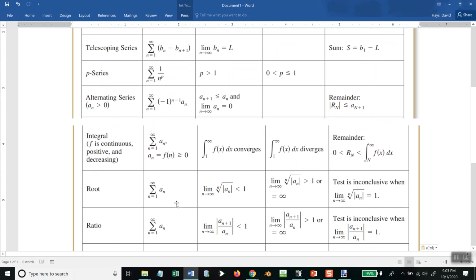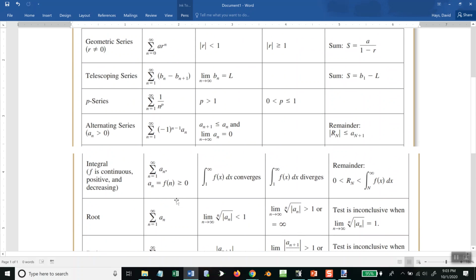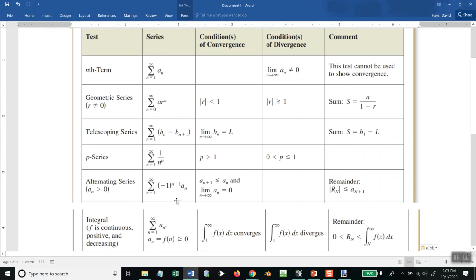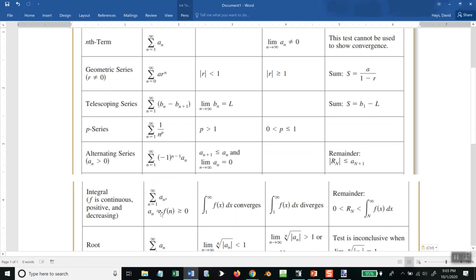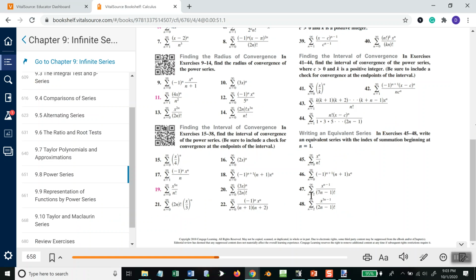Is it on the page right now, or I'm not looking at it? Let's see, what problem is this?